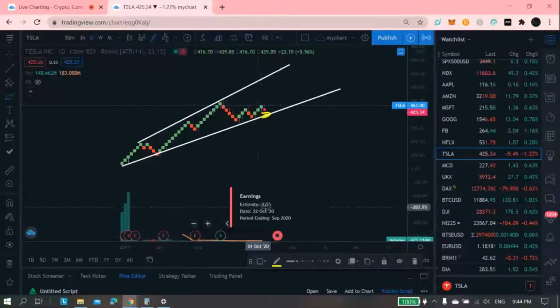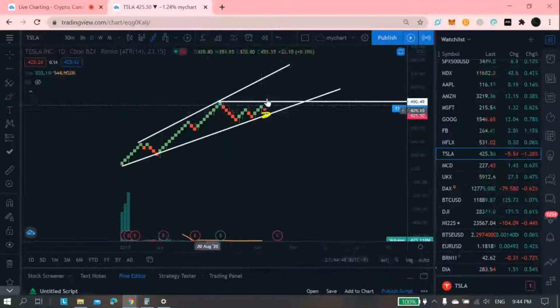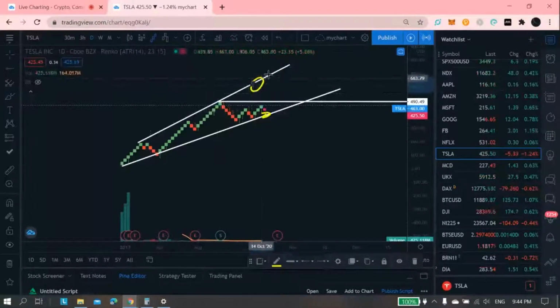If the earnings are better than expected, it will bounce back from here and could possibly retest this previous all-time high of around this area and possibly this. That's on a longer horizon.